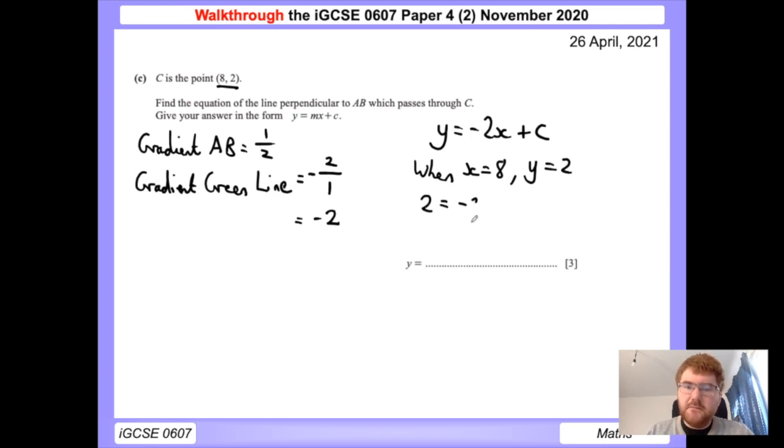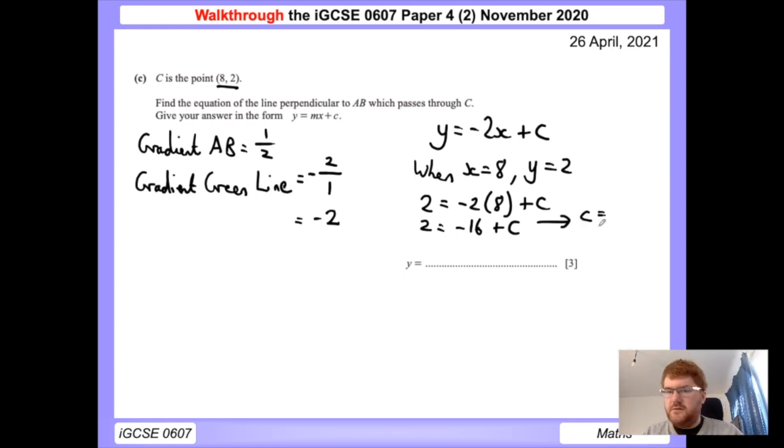So 2 is equal to minus 2 times 8 plus c. Always running out of room here. There we are. We're close. So I think at this point, you add 16 on both sides. Then we get c is equal to 18. And so we put this back into the general equation. So the perpendicular line will have the equation y equals minus 2x plus 18.